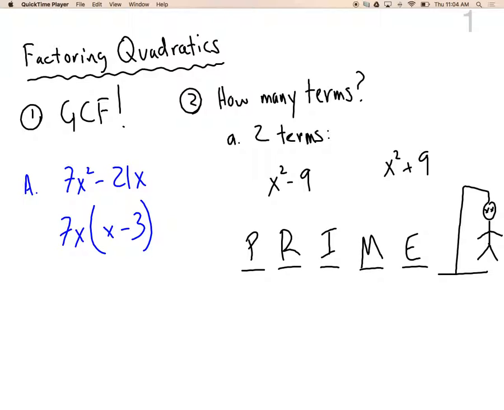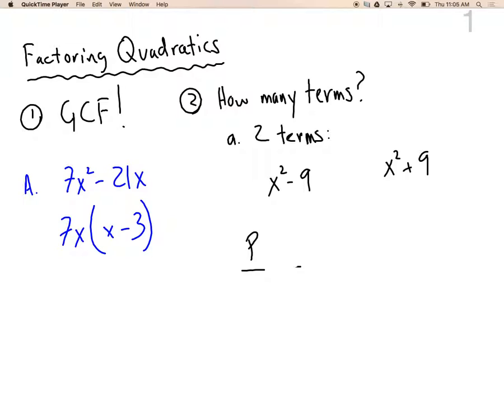Which would be much easier to solve than if we were playing unfactorable on Hangman. If it doesn't factor, it's prime. The difference or sum of perfect squares does not factor, ever, so you can ignore it. You see two terms, you have to have perfect squares. If they're not perfect squares, it doesn't factor and you move on.